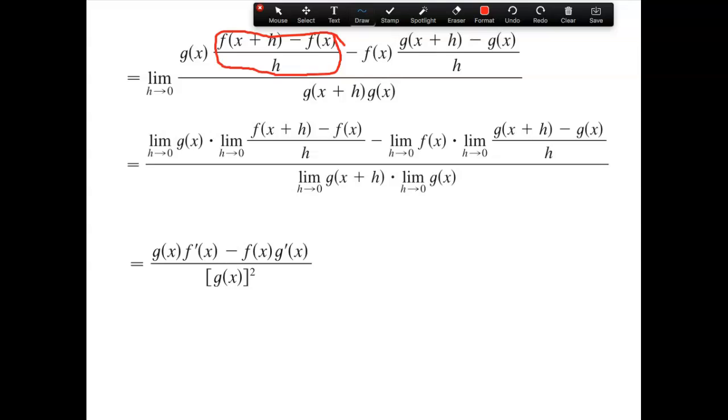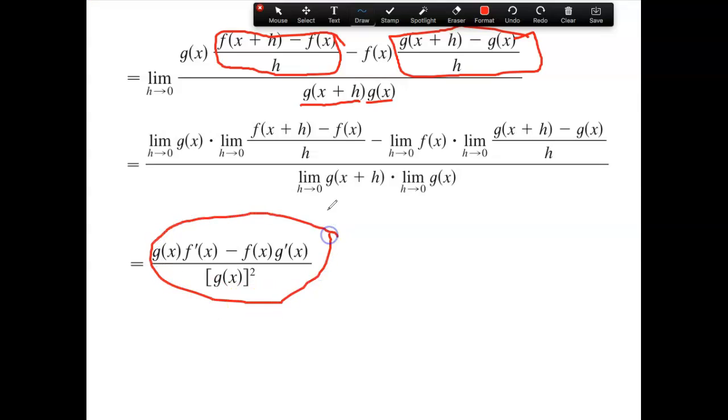Good, that's f prime. So then we have g times f prime. What about this guy? What's this going to become? That's g prime. And then when I let h go to 0, this just becomes g of x times g of x, which is g of x quantity squared. And thus we've proven our rule here, right?